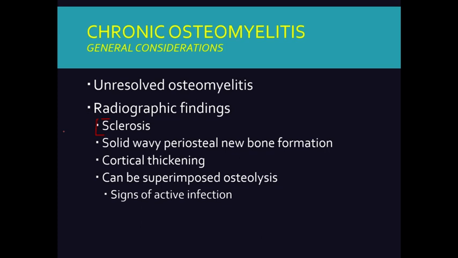So sclerosis, periosteal new bone, so that solid periosteal reaction, which thickens the cortex. And then you can still have signs of active osteomyelitis. So there can be both sclerotic change as well as lytic change, which is kind of a combo platter of both acute and chronic osteomyelitis.